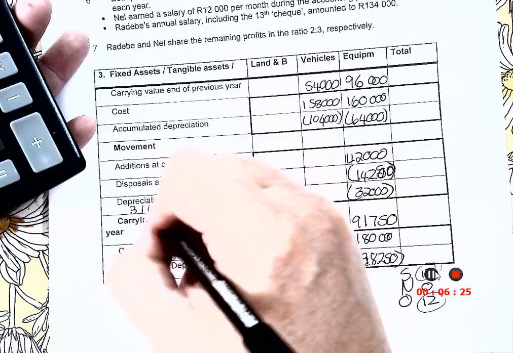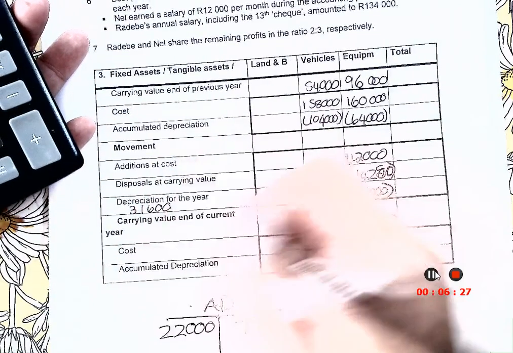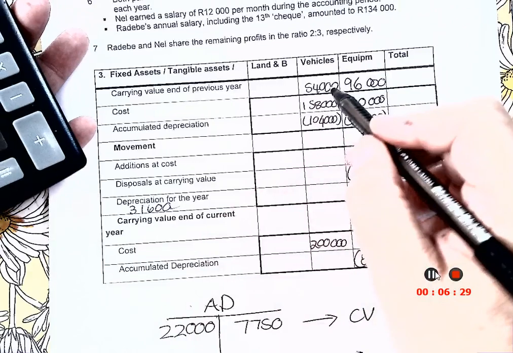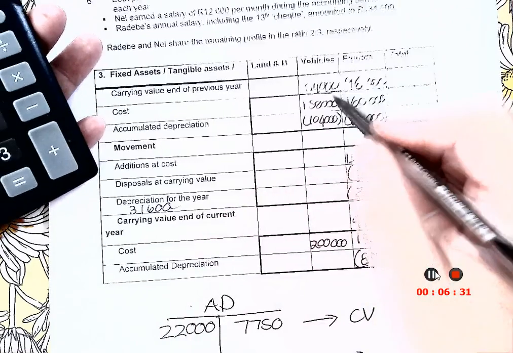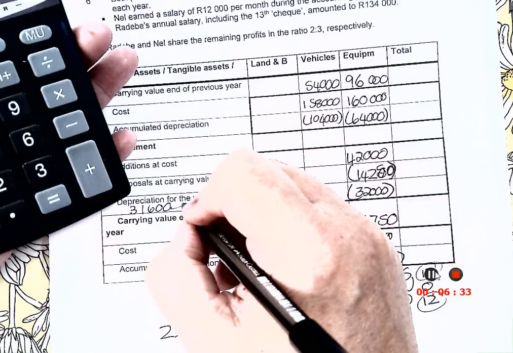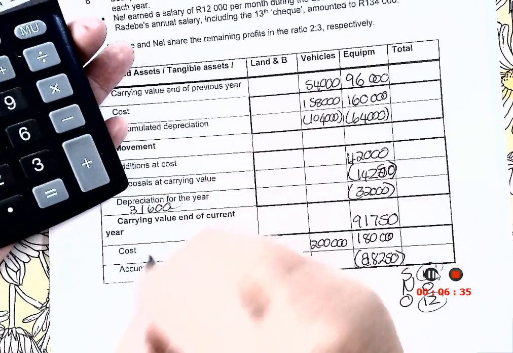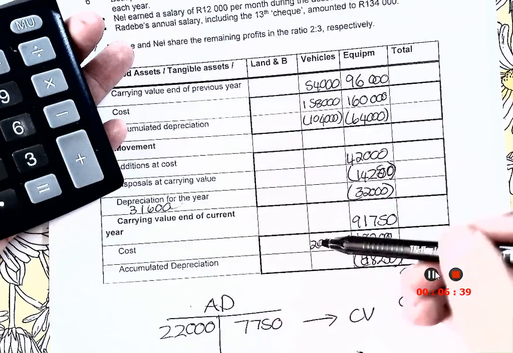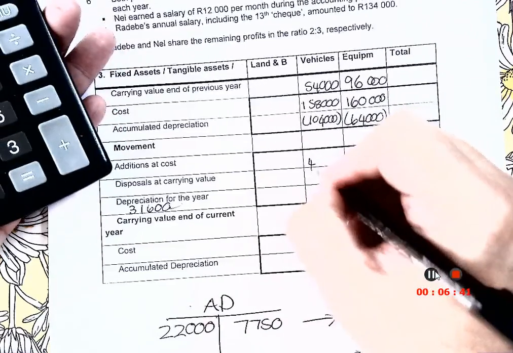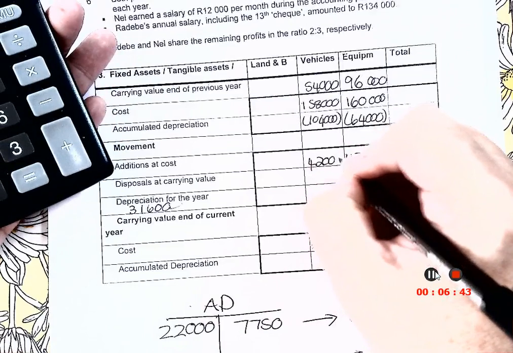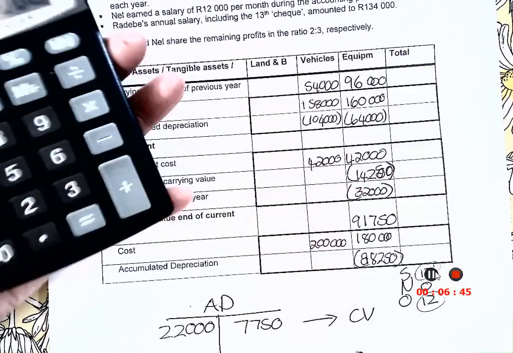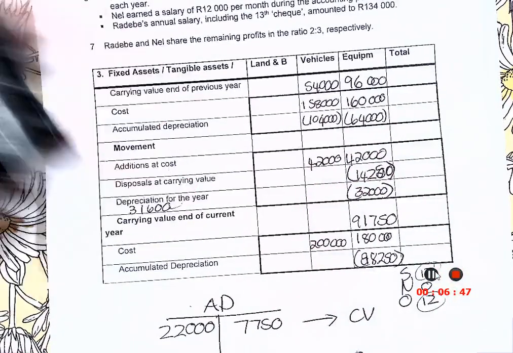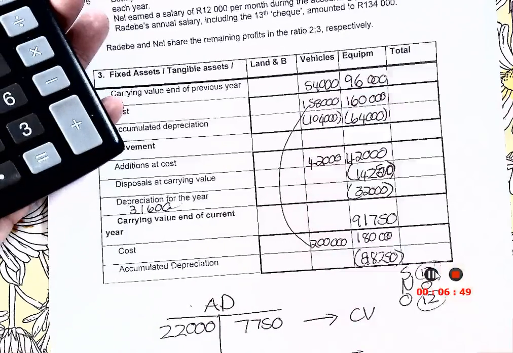Can you see the 31,600 is not more than the carry value, so it's not the residual value. Was there a new vehicle bought? Yes, they say, and they don't say anything. You can see there's a difference of 42 also. Oh, they say 42, and even if they didn't, you just got the difference there.